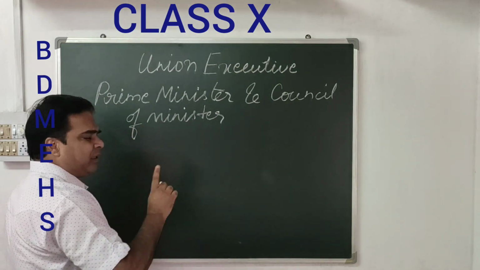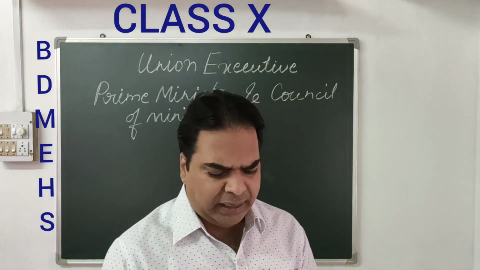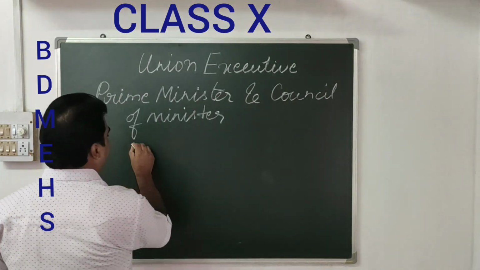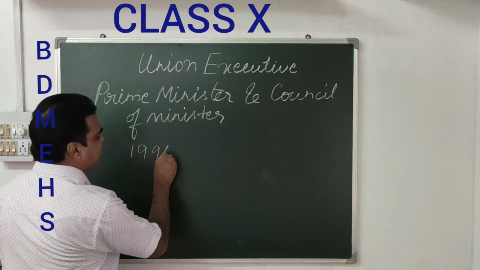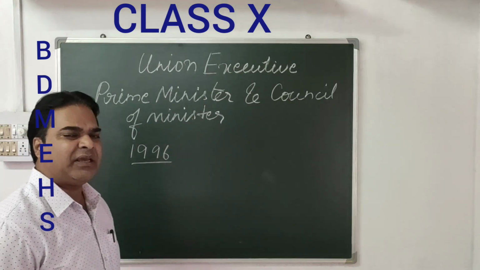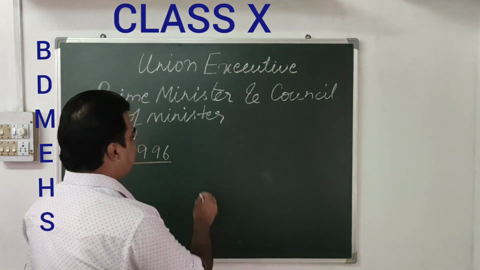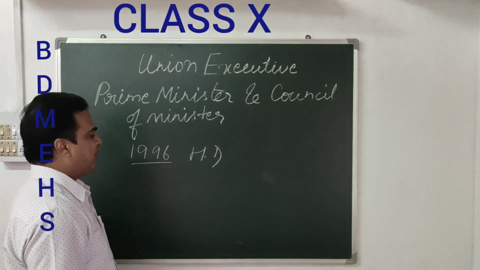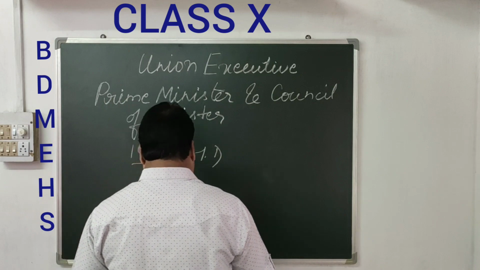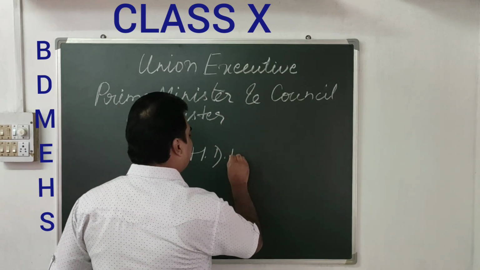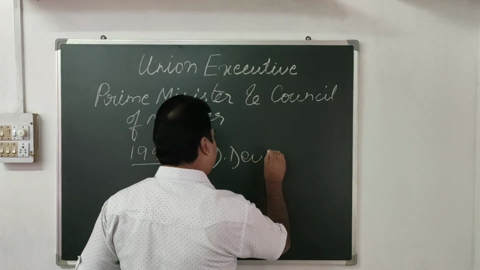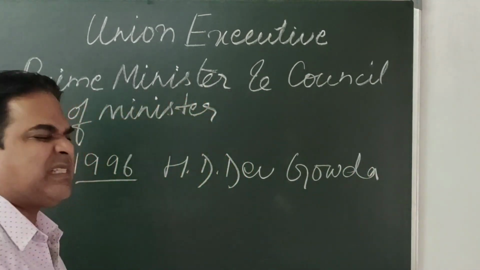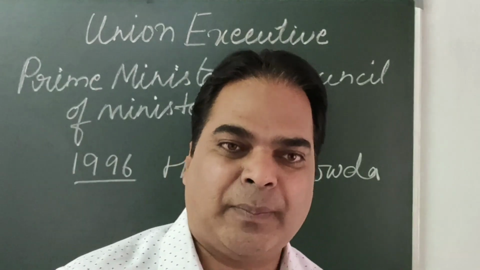And in the year 1996, let me tell you, you might have heard his name in the list of the Prime Minister. His name is also given, SD Devgowda became the Prime Minister.